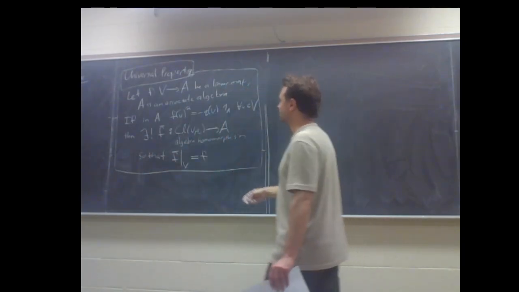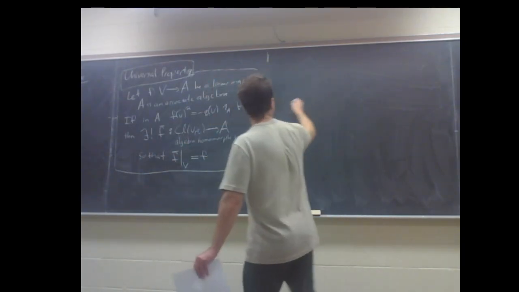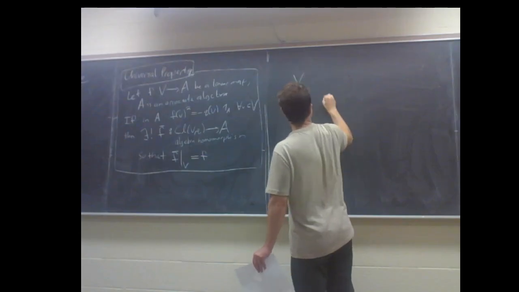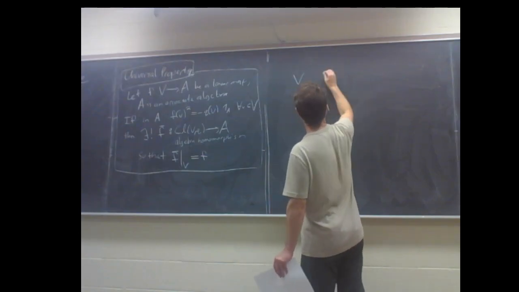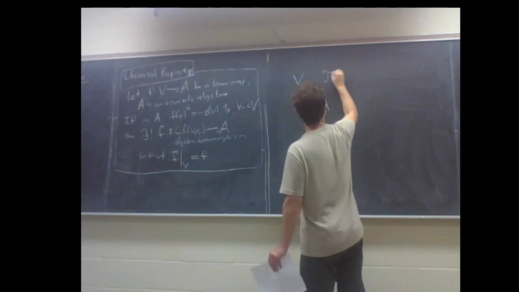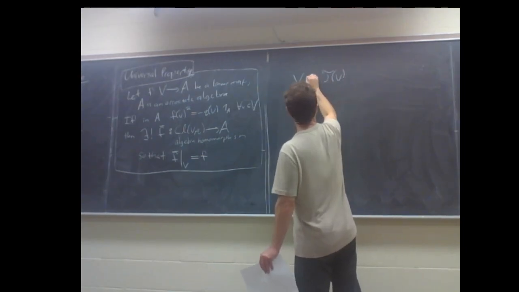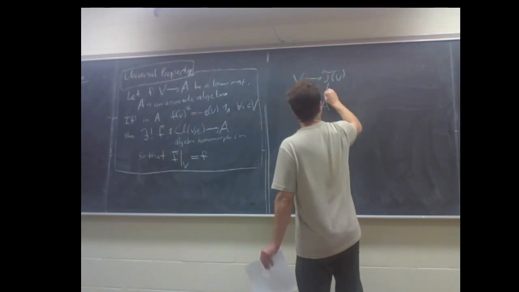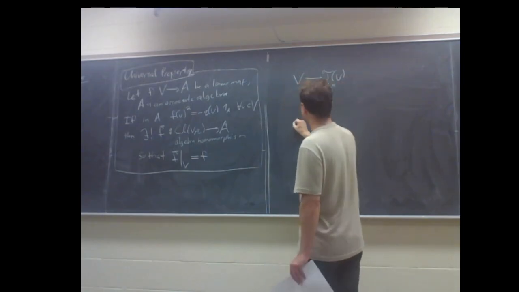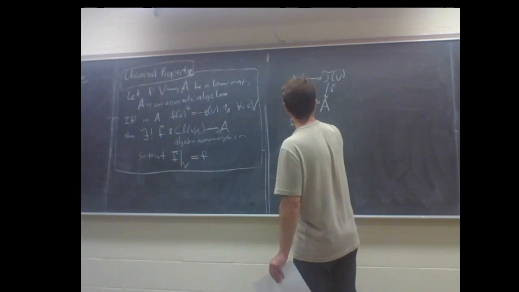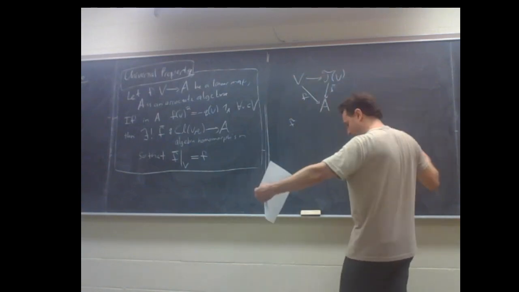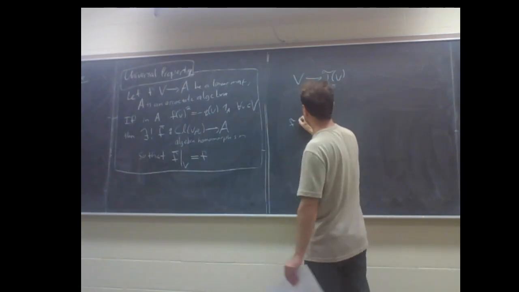Okay, so the essential idea, I'll go like this. Here we have A. Here we have V. And here we have the full tensor algebra of V. So here's our F, and this will be F tilde. What F tilde does is, this full tensor algebra is a sum over all products of arbitrarily large length.